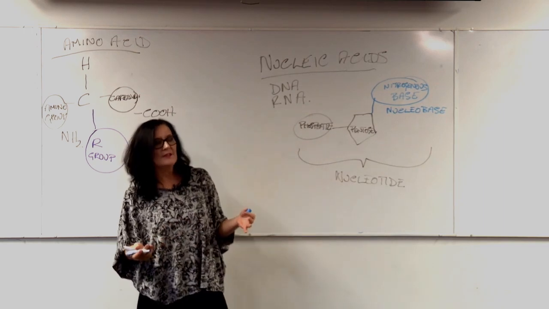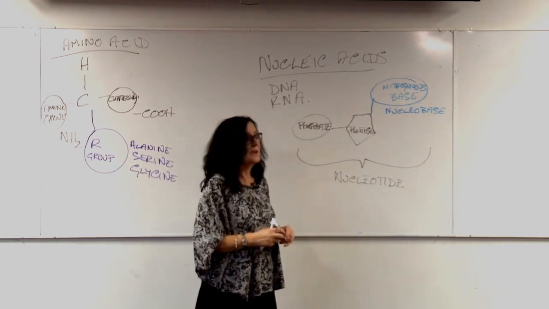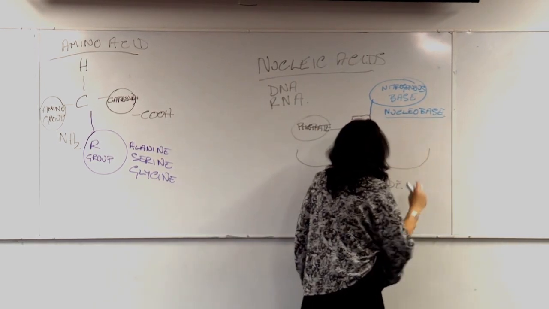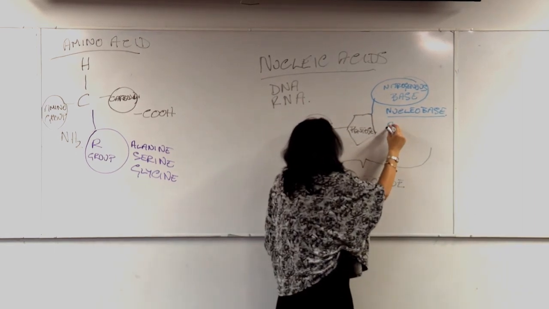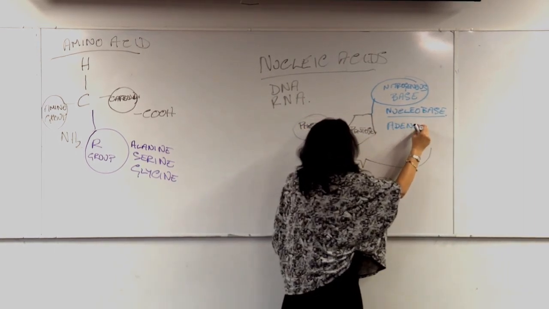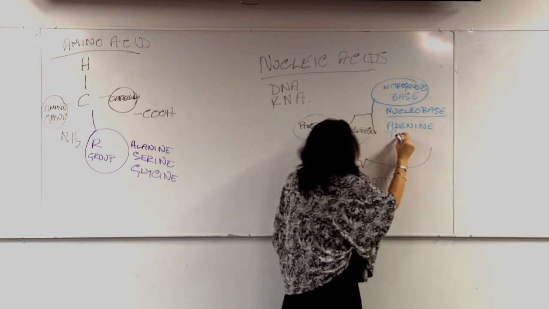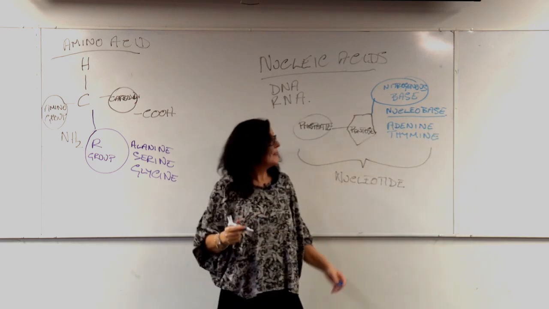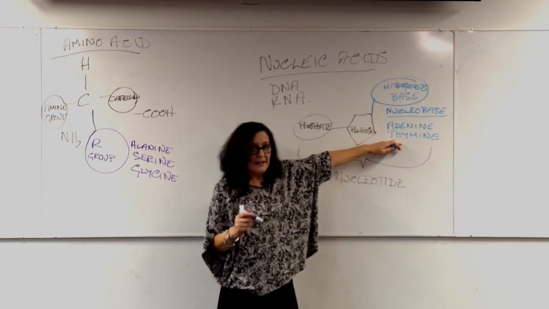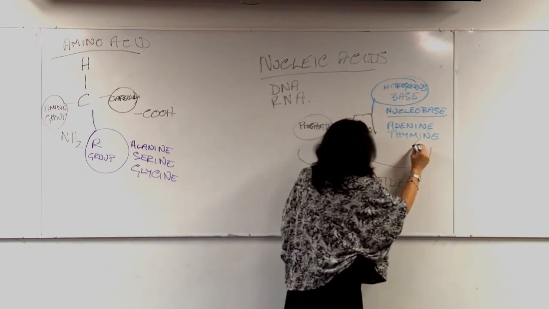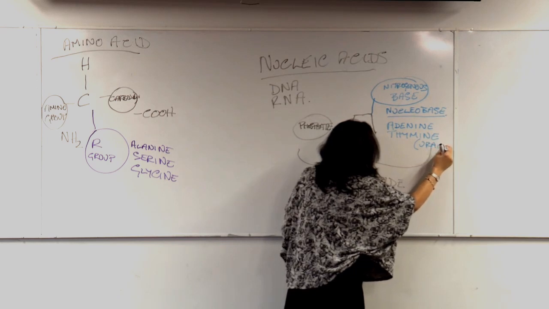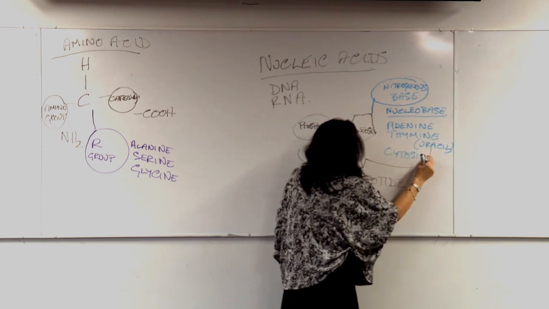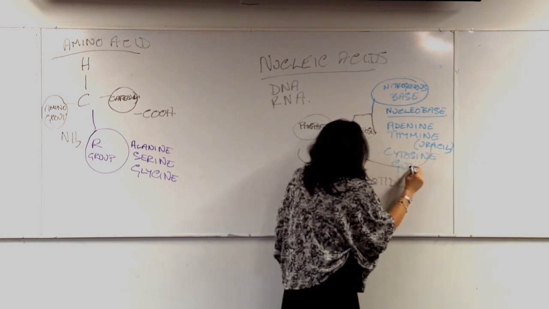Okay, we don't have 20 nucleobases. Actually, we have 5. We have adenine, thymine (thymine in DNA, in RNA that's uracil), and then we have cytosine and guanine.